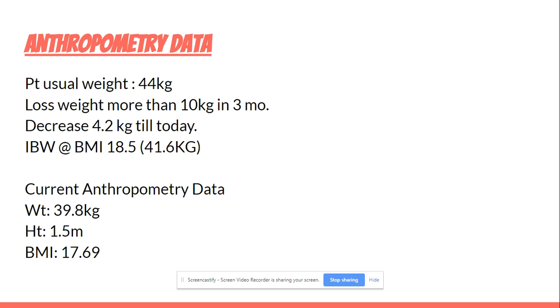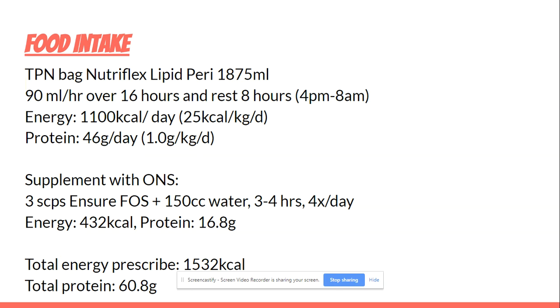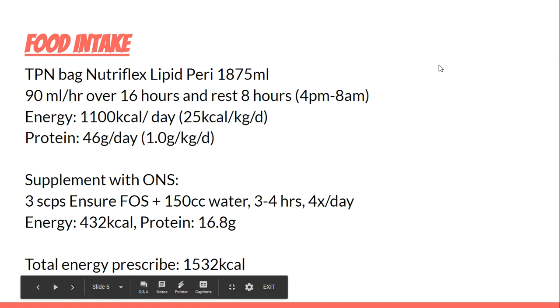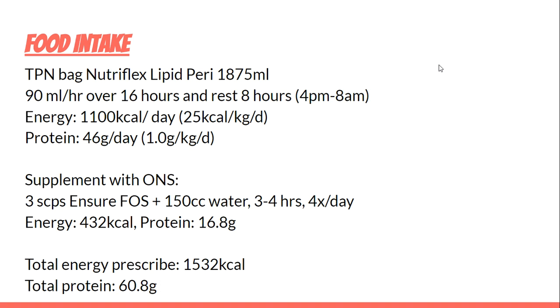The current anthropometric data of the patient is a weight of 39.8 kg and a height of 1.5 meters, and the patient is underweight, with a BMI of 17.69. For food intake during the visit, we found that the patient is on TPN, taking Nutriflex Lipid Peri, and the total energy prescribed is 1,532 kcal and the total protein is 60.8 gram.